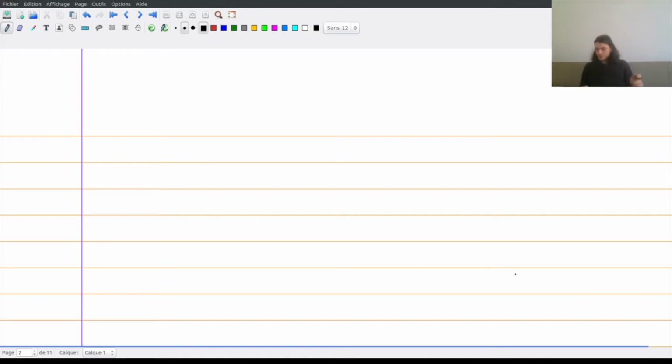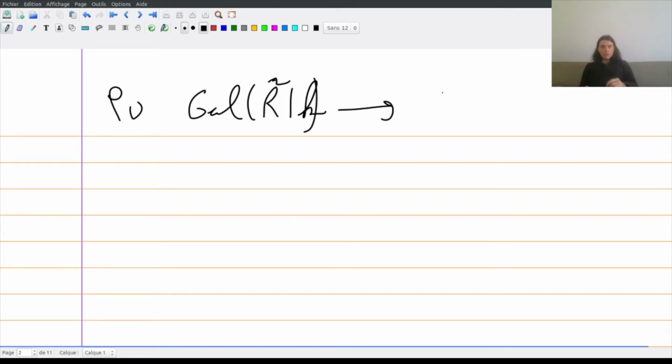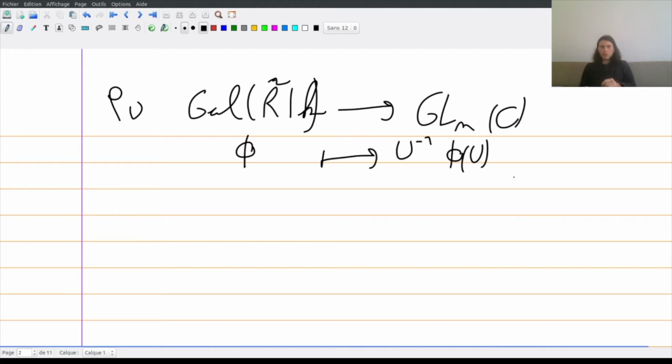This morphism, which I will call rho U, maps the Galois group to GL_n of something I will say in a few seconds, and to psi you map U minus 1 psi of U. So obviously it's a matrix, and in fact it's a matrix with constant coefficients.